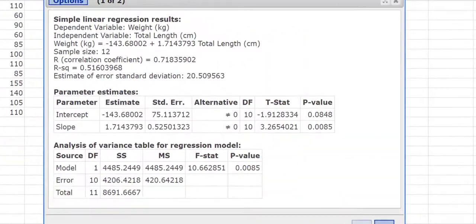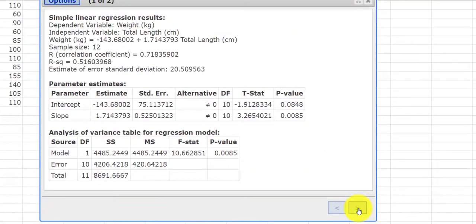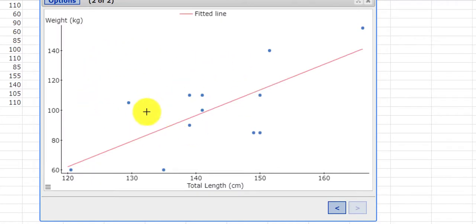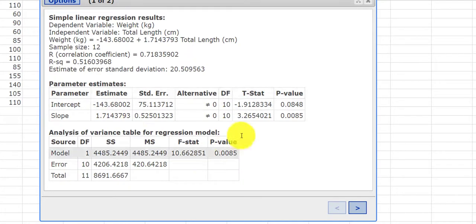And again, if you press this arrow here, you'll see my regression or my scatter plot. And all of the key data is also in here. My linear correlation coefficient looks like it's 0.718 and so on. So I can use this to help answer some questions.